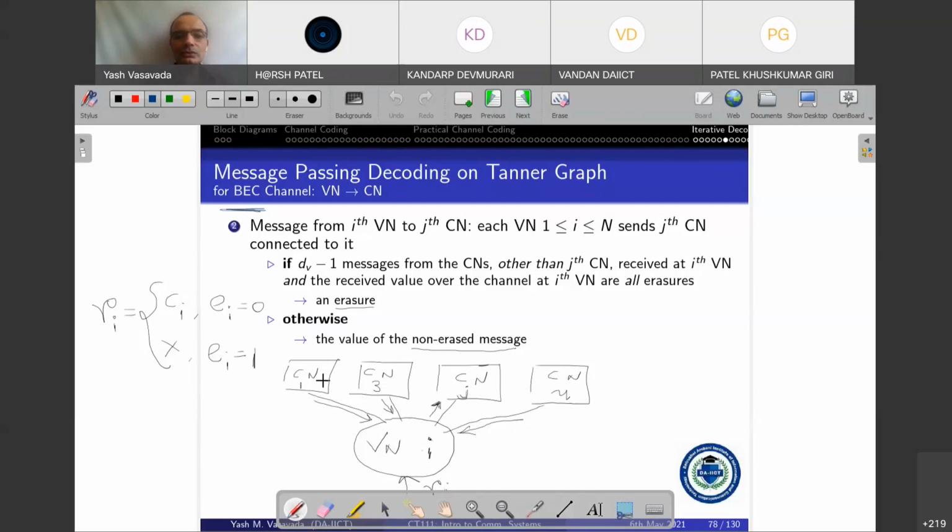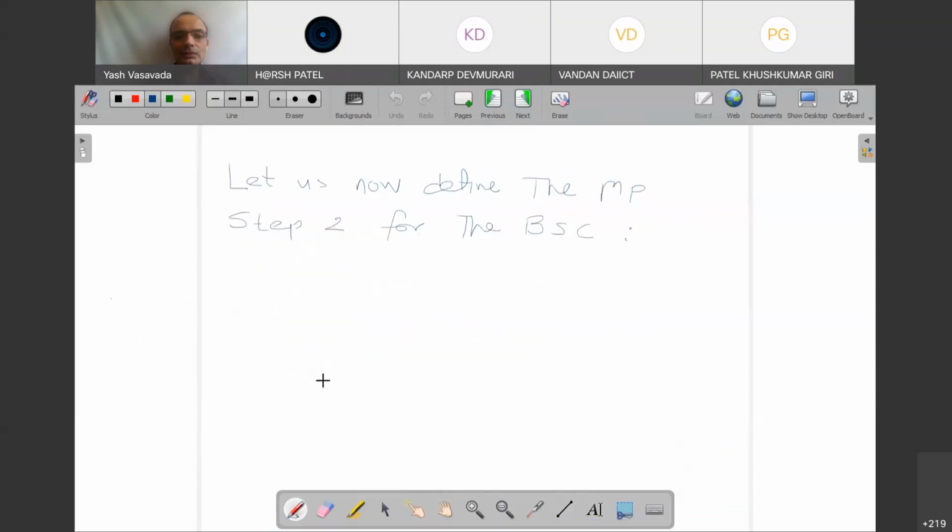So I'll say here that each CN is an SPC code.